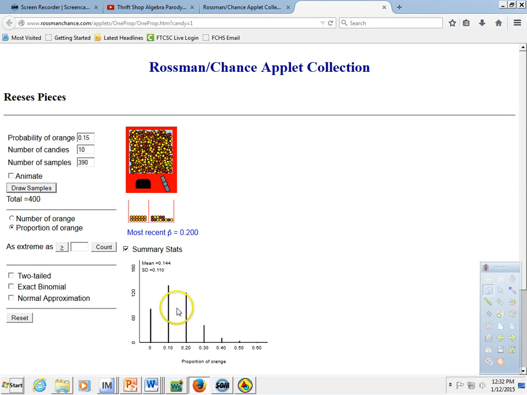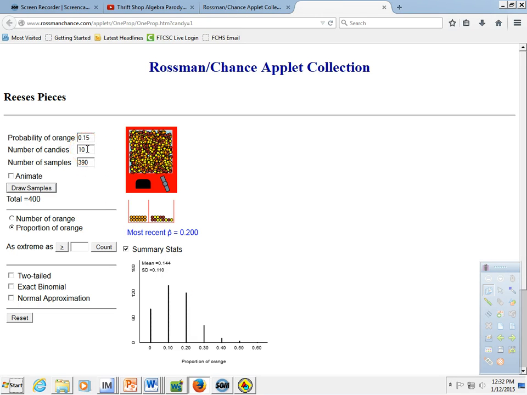The mean of the sampling distribution is still pretty close to 0.15 because it's an unbiased estimator. The standard deviation is not where it was. It's not at 0.07, 0.09, or 0.05. It's changed a little bit, and so has the shape. Again, sample size affects the standard deviation, and apparently the shape is also affected by it.